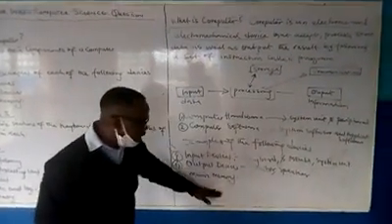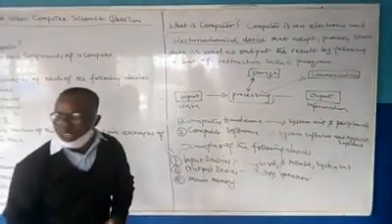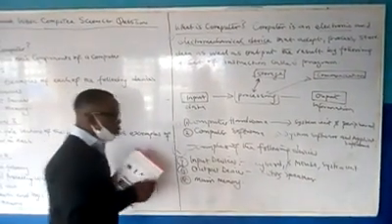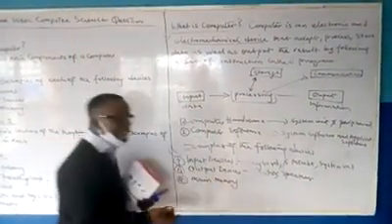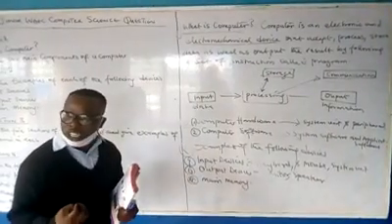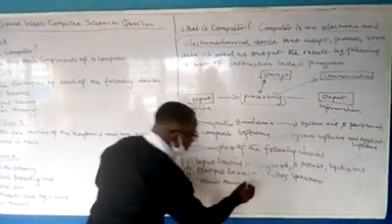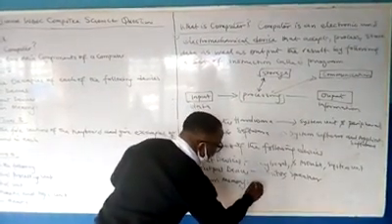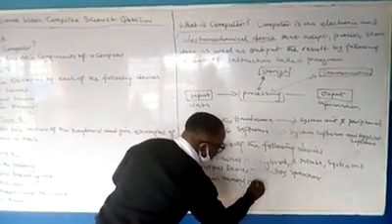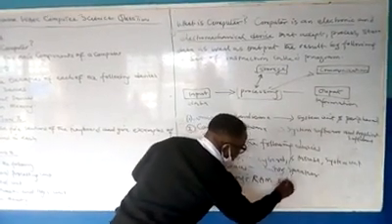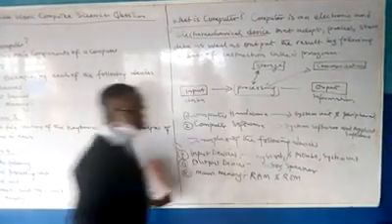So you have the primary memory and you have the secondary memory. So the primary memory is the immediate one that is stored on itself. Here you have the RAM and what? ROM.